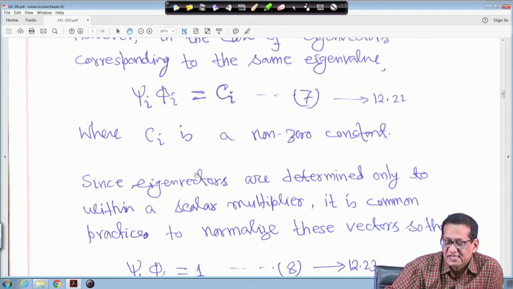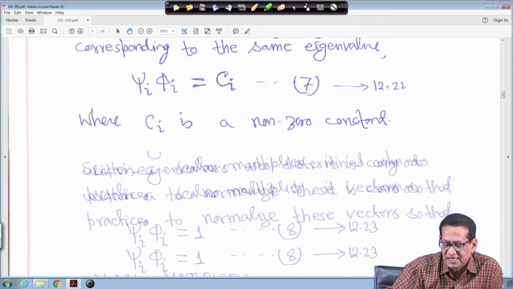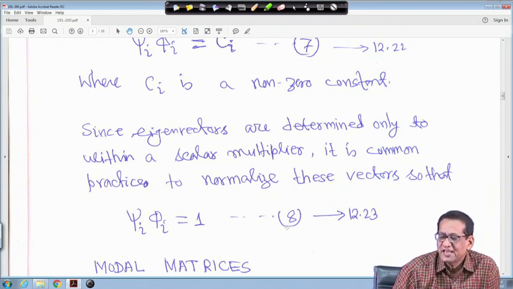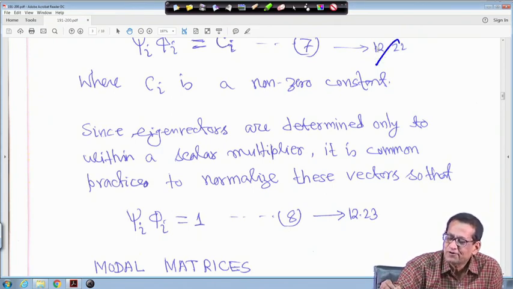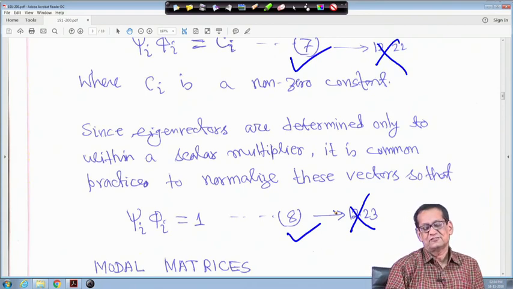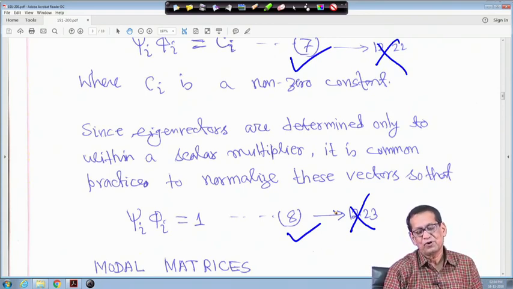Since eigenvectors are determined only to within a scalar multiplier, it is common practice to normalize them so that psi i phi i is equal to 1, or in general psi phi is equal to I, the identity matrix, which we will see later. This is equation 8.